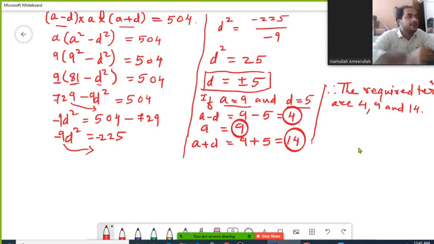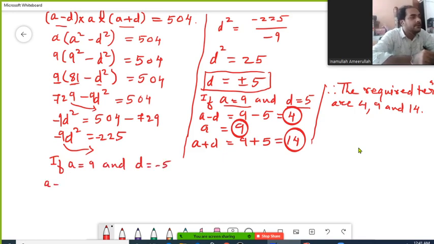The second possibility is if a is 9 and d is negative 5, then your first term is a minus d. A minus d, that is 9 minus minus 5.